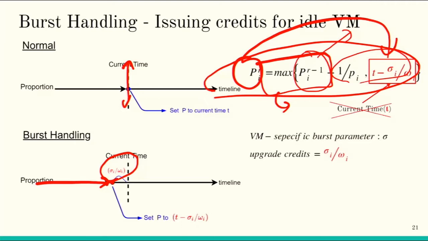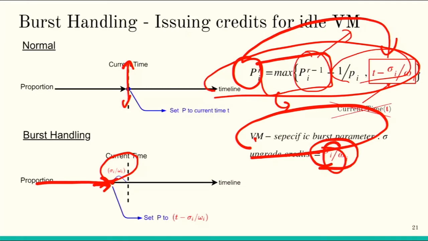By having a smaller tag value, we give higher priority to this VM. It can be specified by these parameters, and you can use any number you want for each VM. This is the first specific issue, which is burst handling.